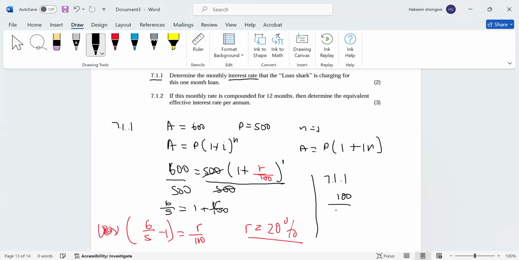How many percent? 100 rand all over 500 multiplied by 100 gives us 20%. 100 rand is 20%, 200 is 40%, 300 is 60%, and so on. Because it's 2 marks, at the end of the day I think they are going to give us 1 mark.